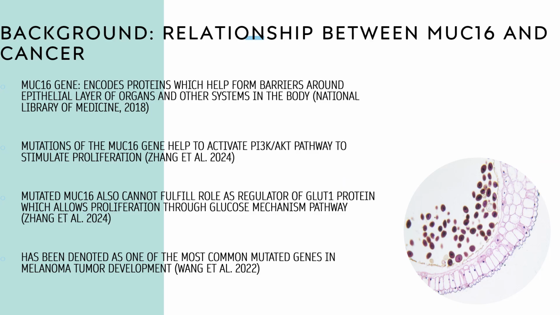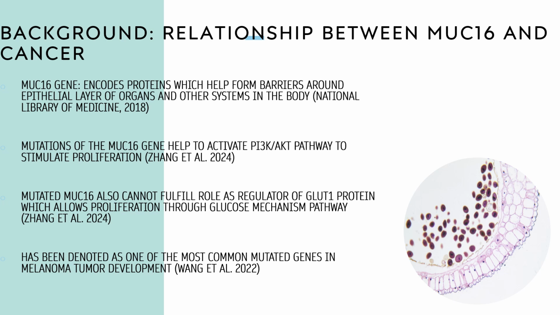So first I want to look at the background relationship between MUC16, the gene, and cancer. So what is MUC16? This gene encodes proteins which help to form barriers around the epithelial layer of organs and systems in the body.